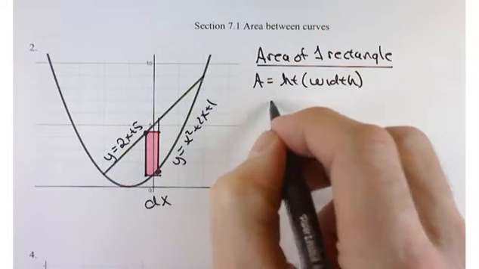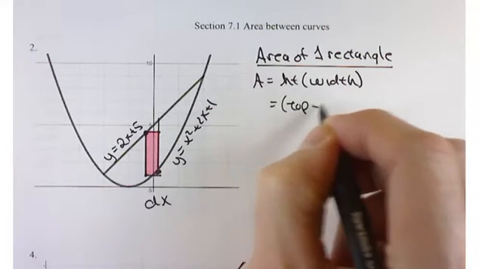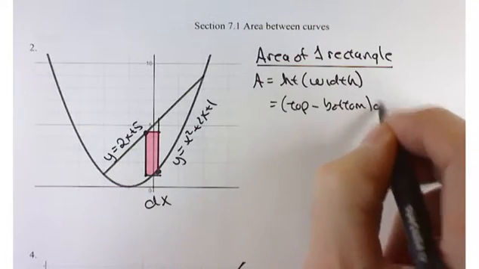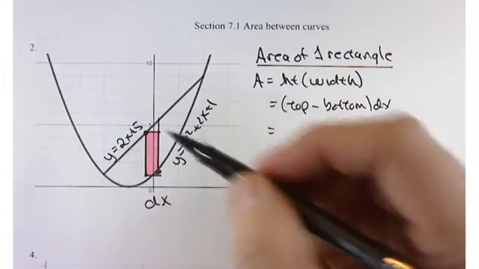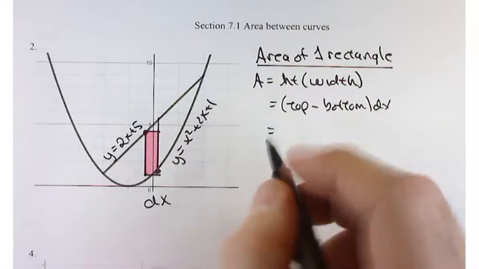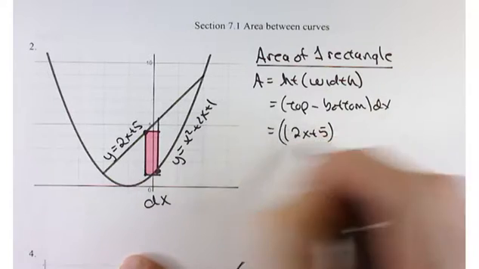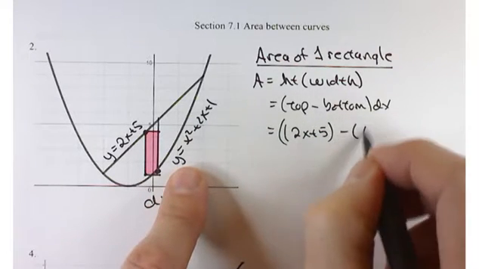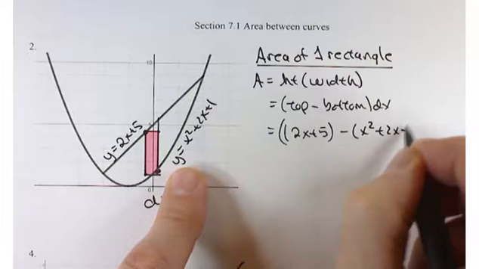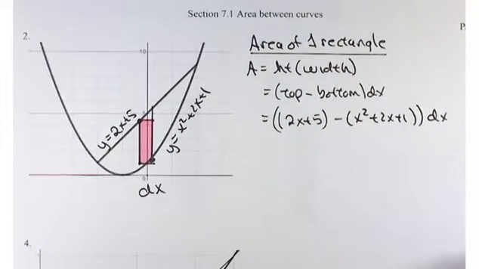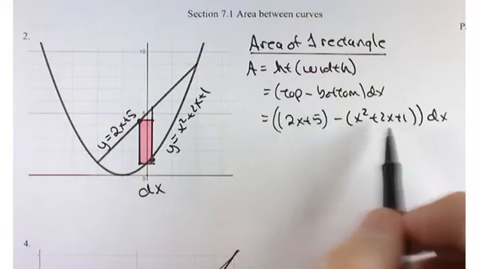Well, top minus bottom times dx. The top function is this one right here, 2x plus 5. The bottom function is this one here, x squared plus 2x plus 1. And then I have my dx. The nice thing about this is that I've got this all in terms of x.